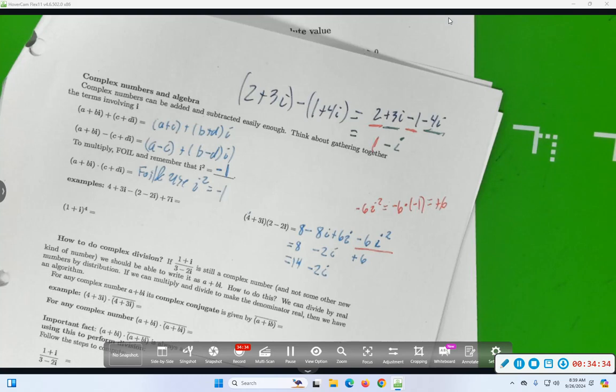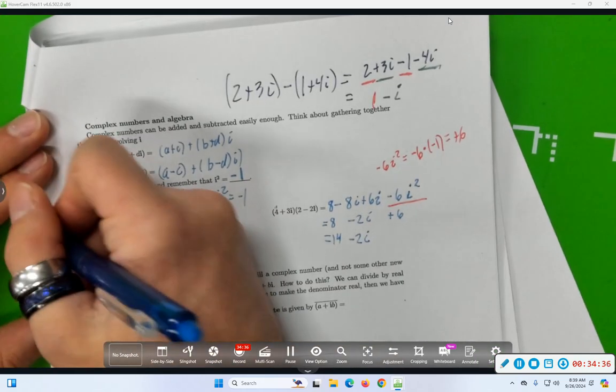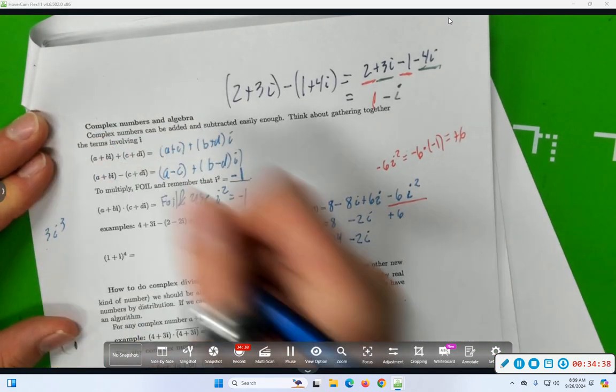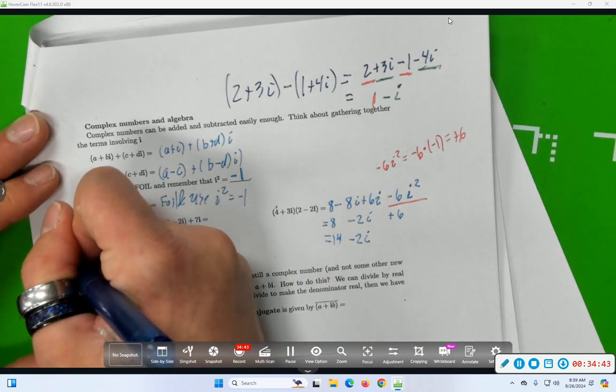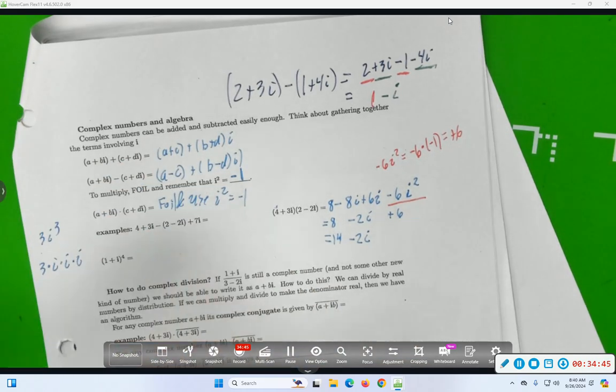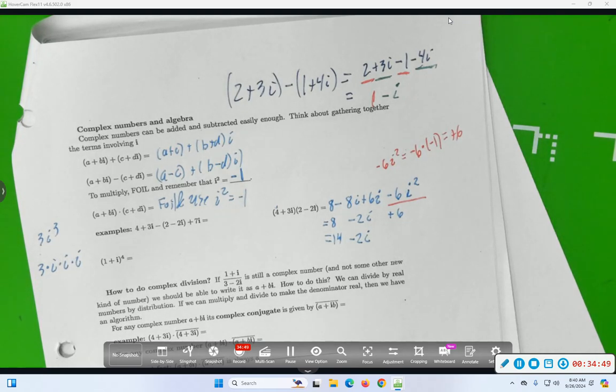Let's do it. So let's think about what 3i cubed means. Like that? Yeah. So that would be 3 times i times i times i. So now that we've written it out that way, does anyone see something useful we could use there?